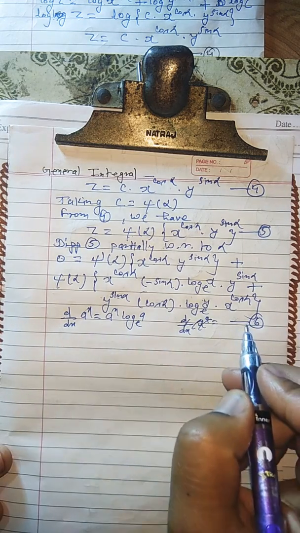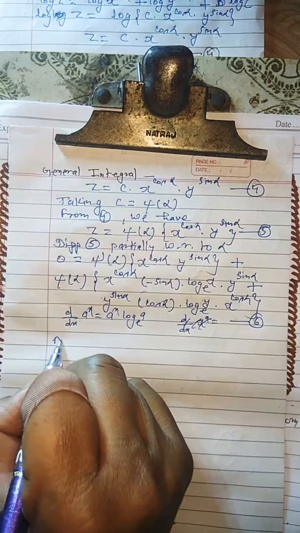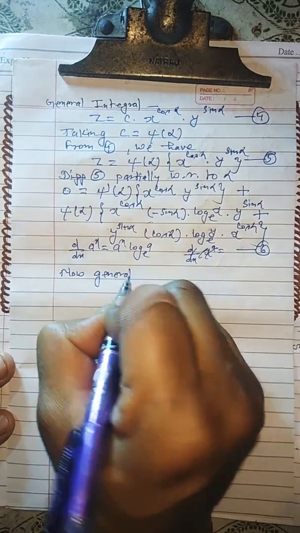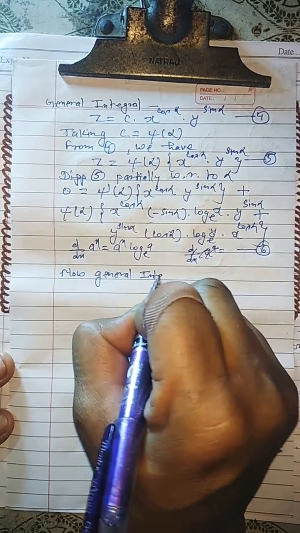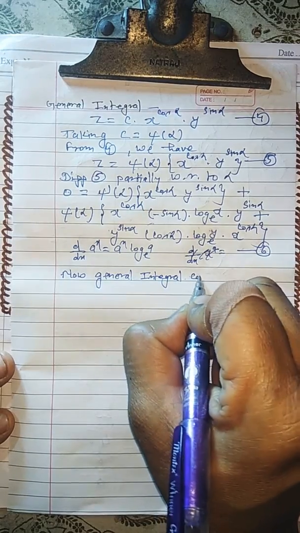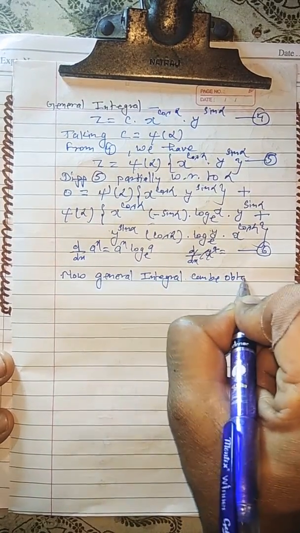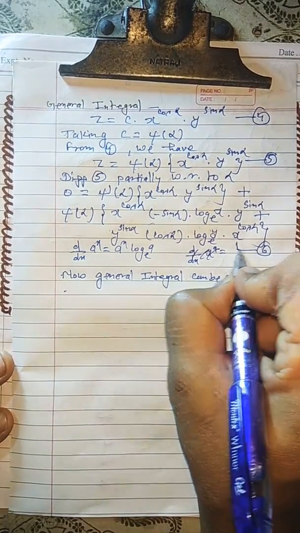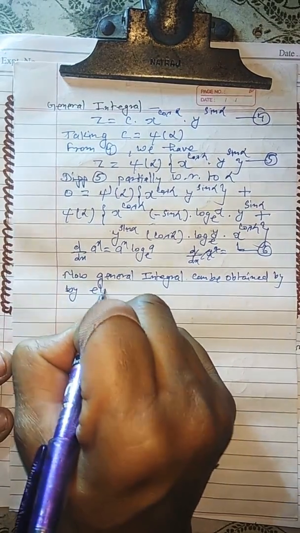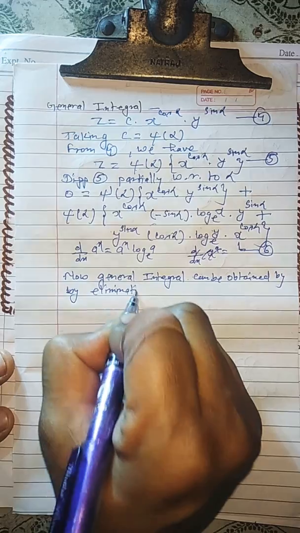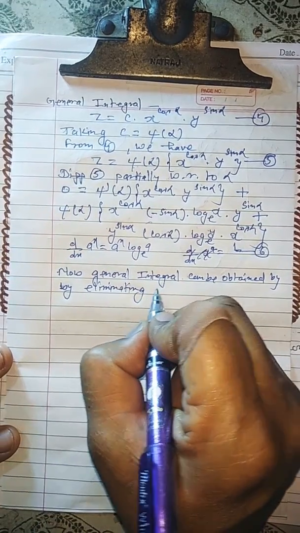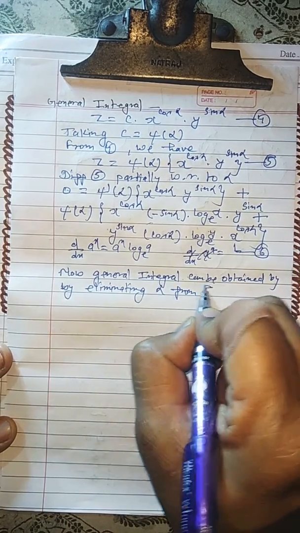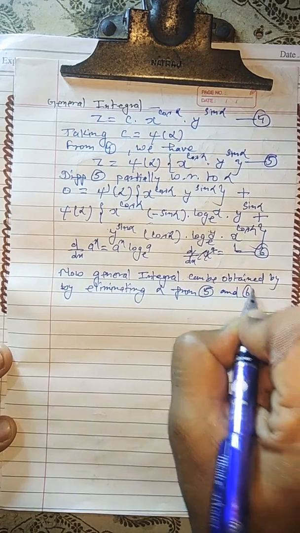Now the general solution can be obtained by eliminating alpha from 5 and 6.